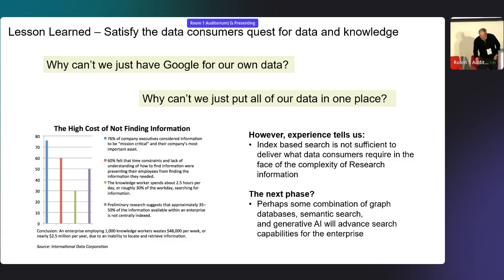I'm a little sensitive saying this here in front of Tom because I'm guessing AstraZeneca probably has already solved for much of this, but you're perhaps further down the path. But there are still corporations that struggle with this mightily.